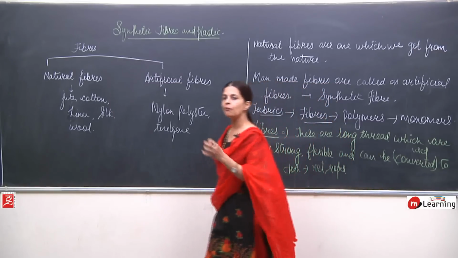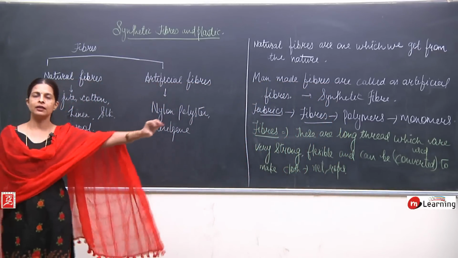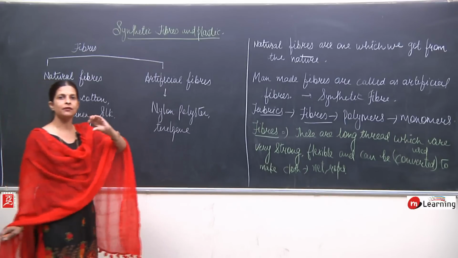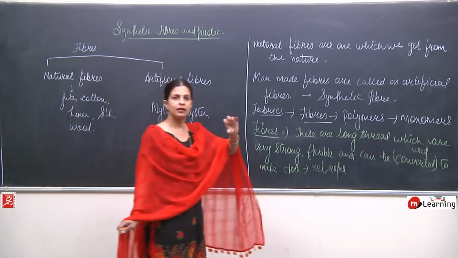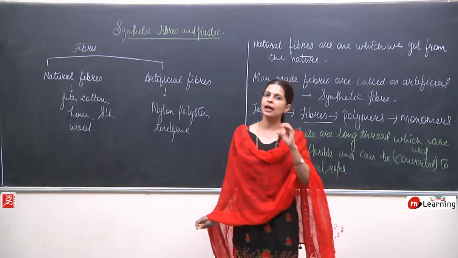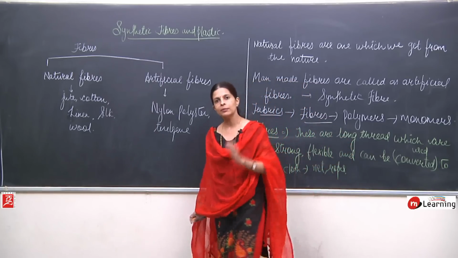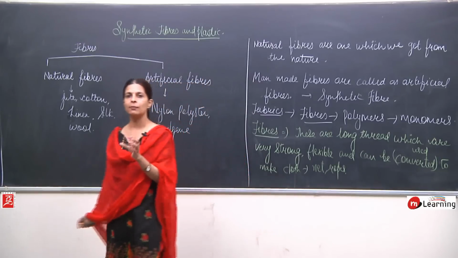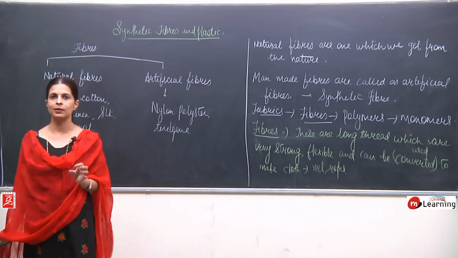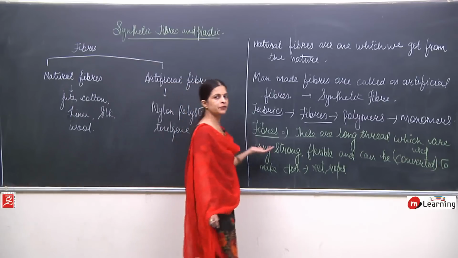Fabric is made up of fibers, which are long structures. Fibers are made up of large compounds known as polymers. Polymers are then made up of small compounds known as monomers. So this is how fabric is formed.